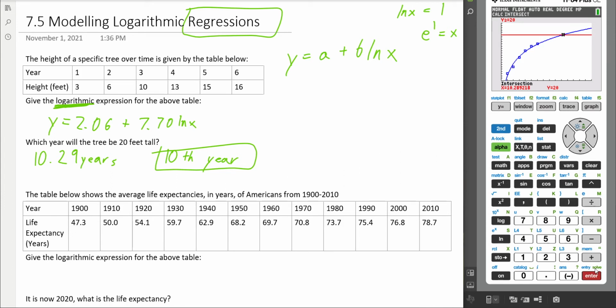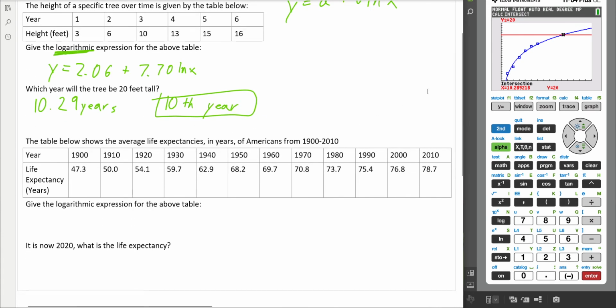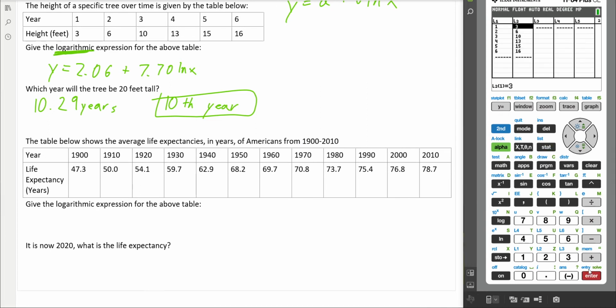All right. So hopefully that gives you some idea. If you can, try this next question out before I do it. Okay, all I'm going to do is plug in the table of values here. What I'm going to do to plug in the table of values is plug it in as if the years were going up by 1.